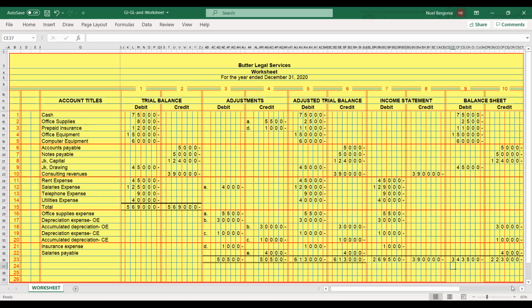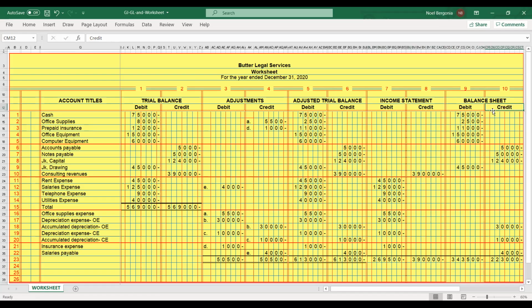Okay? So ayan. So unlike with the adjustments column and adjusted trial balance wherein we have a debit and credit that are equal. Okay? So ngayon po no, ganyan talaga yan. Hindi talaga mag-i-equal yung debit and credit ng income statement and balance sheet. Kasi we will do the last step.